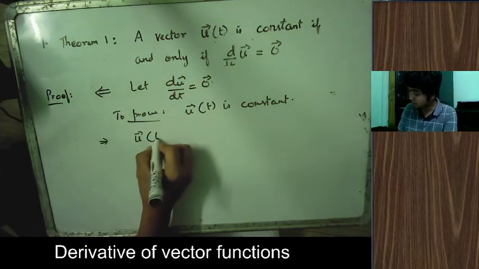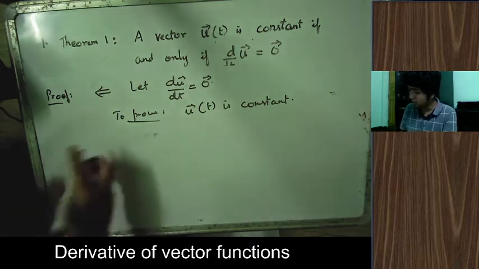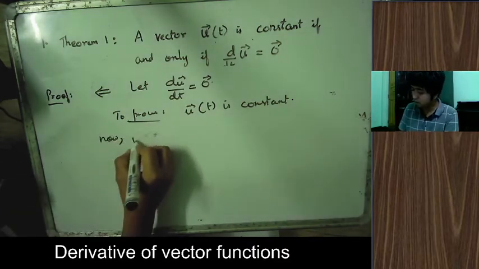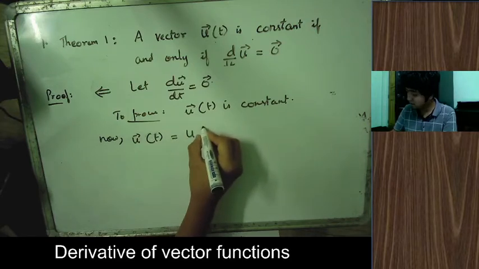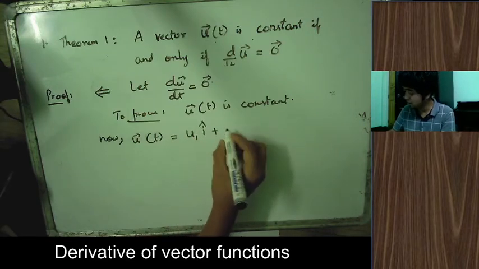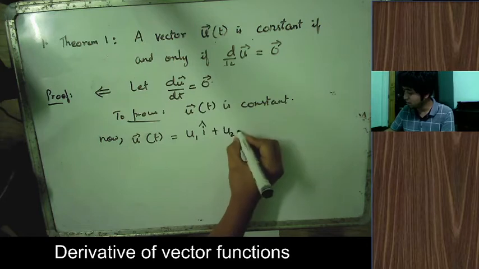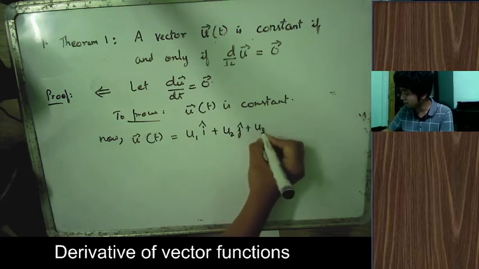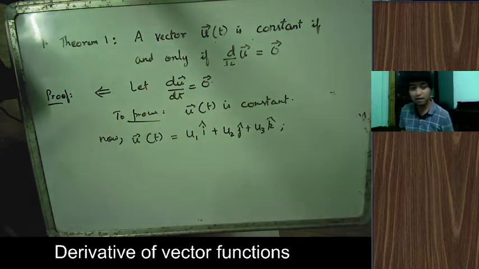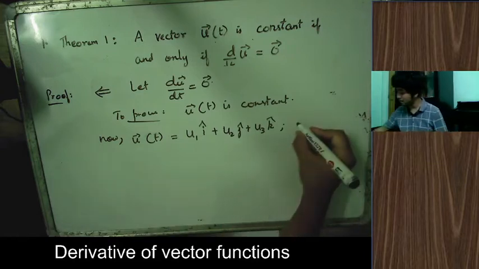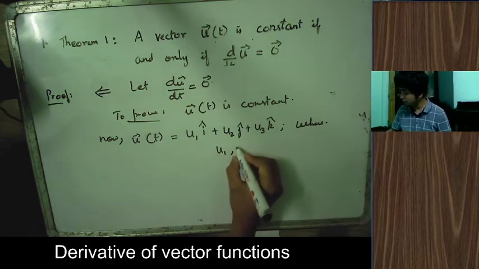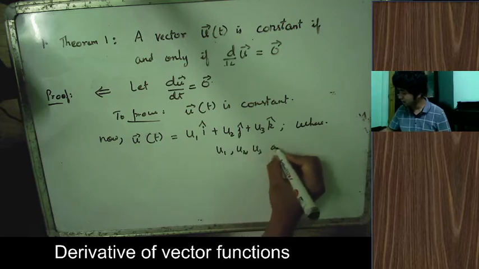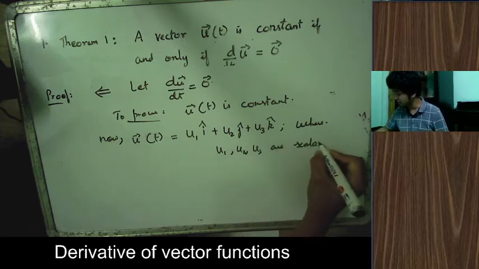Now u(t) can be written as u1 i plus u2 j plus u3 k, where u1, u2, u3 are scalar functions of t.